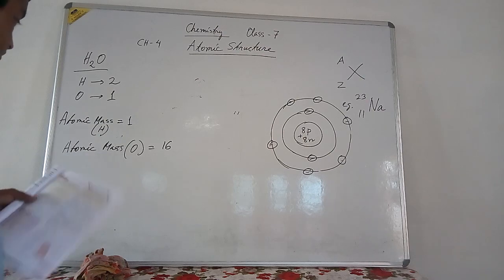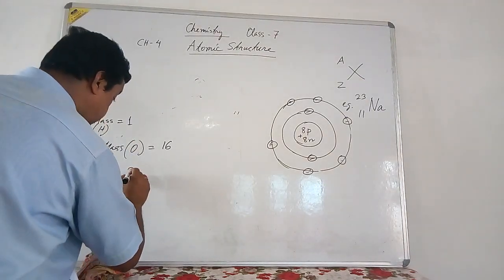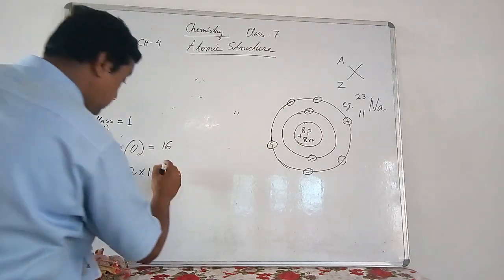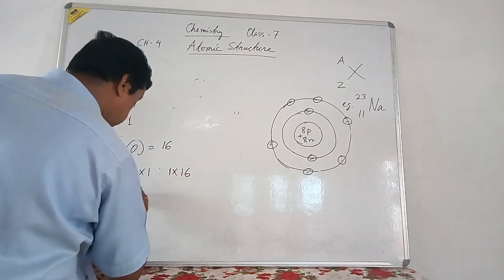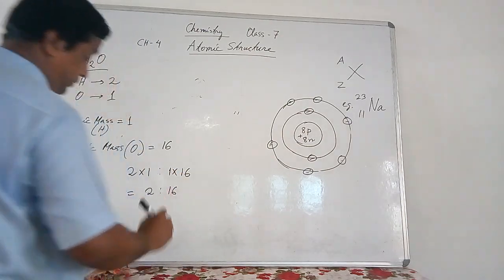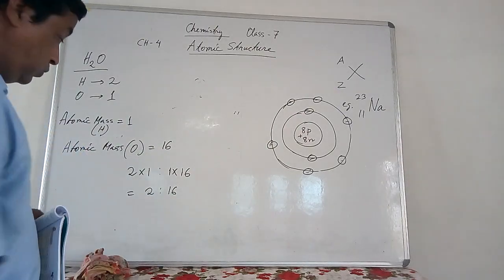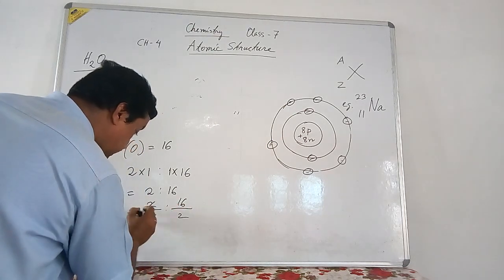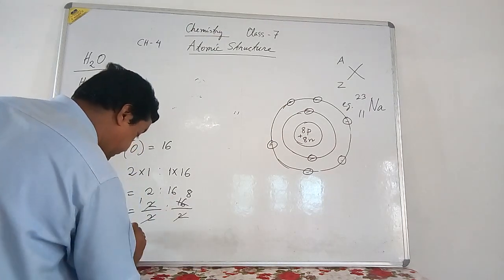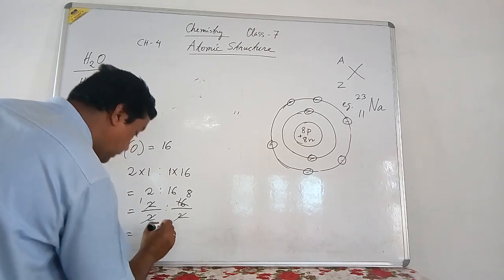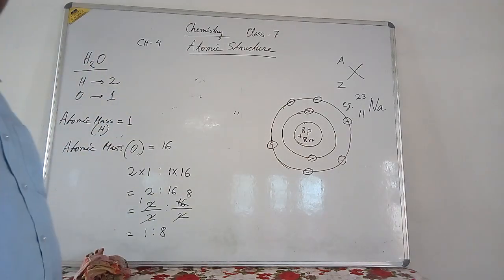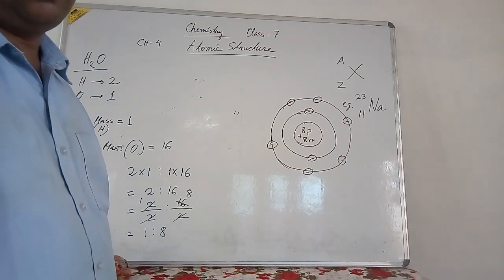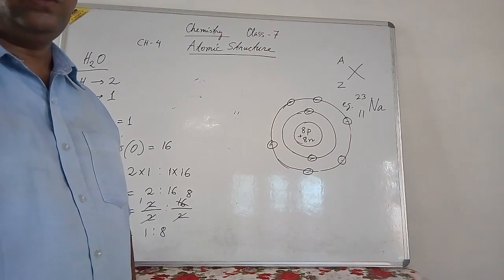So how many hydrogen atoms? 2, and 2 into 1 is 2. Oxygen is 1 into 16. So that is equal to 2 is to 16. Now divide both sides by 2: 2 by 2 gives 1 and 16 by 2 gives 8. So that is 1 is to 8. That means in water, the ratio of weight by which hydrogen and oxygen are combined together is 1 is to 8.